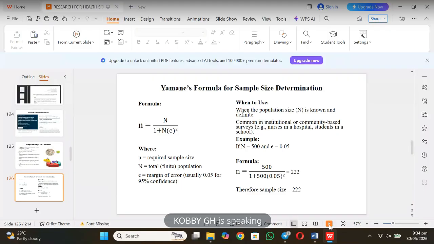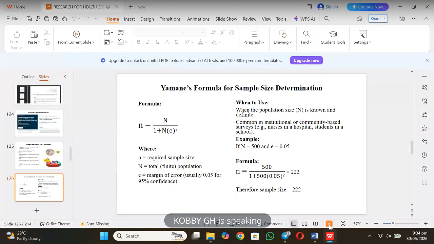Because in using the Yamani's formula, you also have to consider the sample size in the study you are doing. If the small n becomes big, it's not good for you to consider using the Yamani's formula. It means you have to go and use the Cochrane's formula. So keep it in your mind. In what conditions can you use the Yamani's formula?